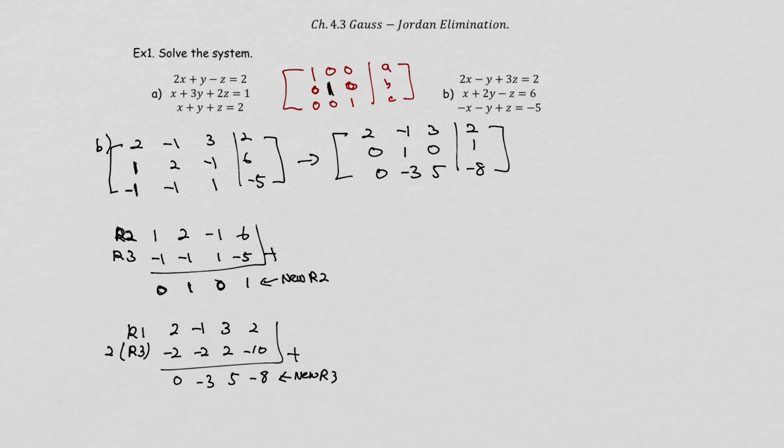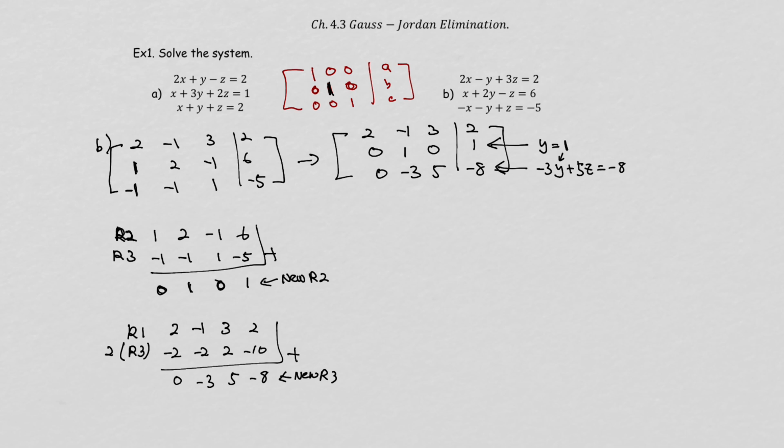So at this point, again, you have options. You have one solution already, say y equals 1. And you have an equation with two variables, which is negative 3y plus 5z equals negative 8. You can replace this here to find your z value.